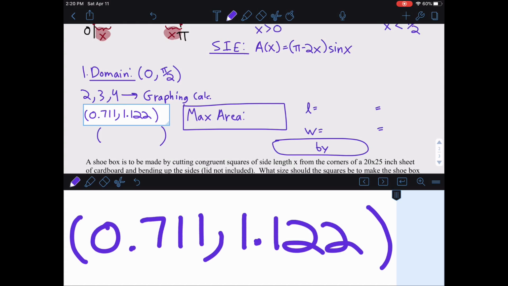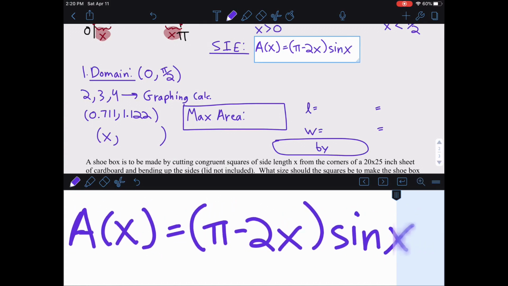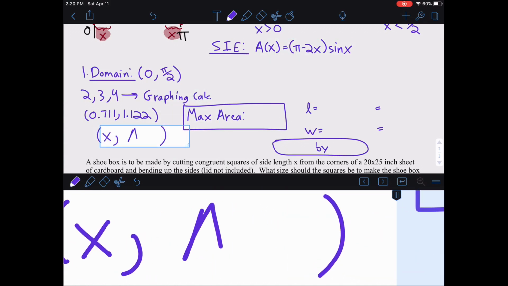Because what do these things mean? What does the 0.711 refer to? Well, that is the x-coordinate, because that is the input for the function that I graphed, which is A of x, and A of x is the output, okay?